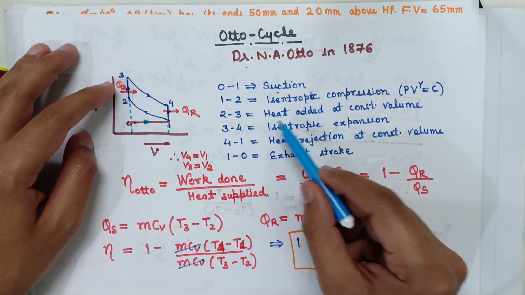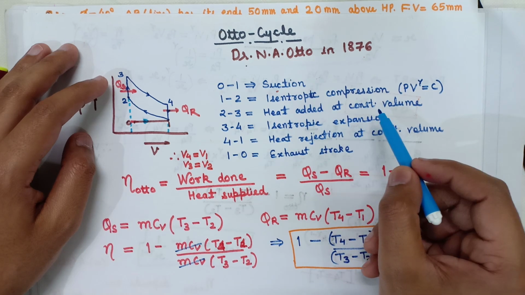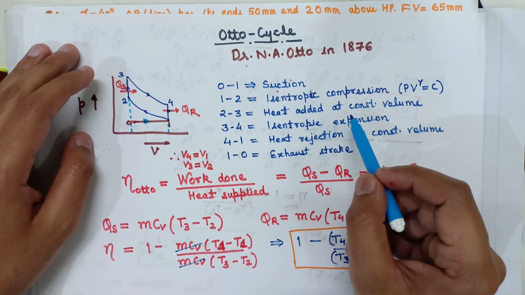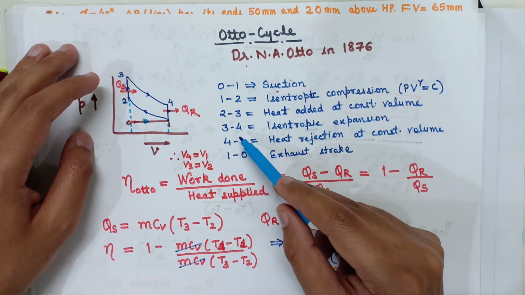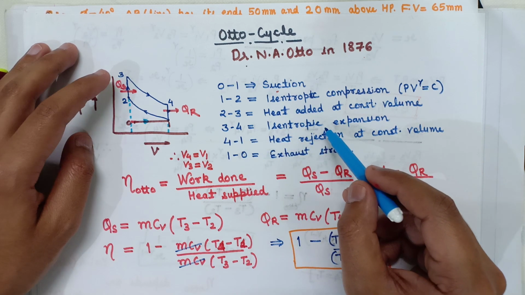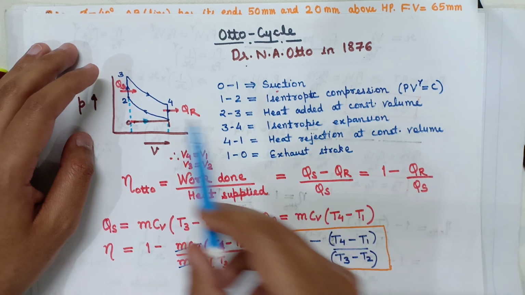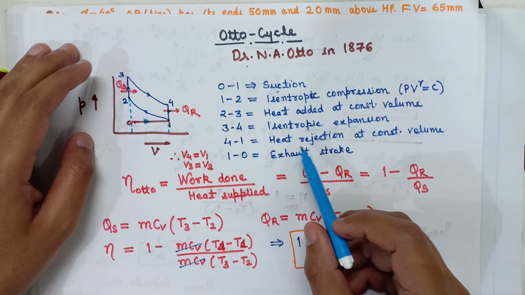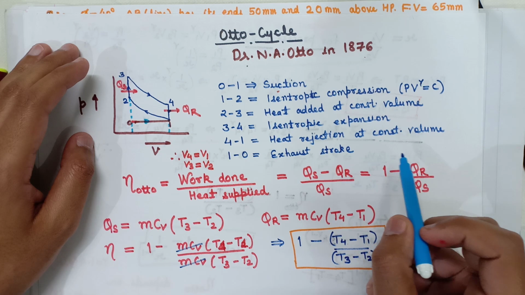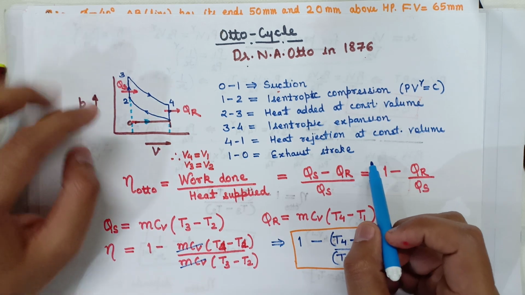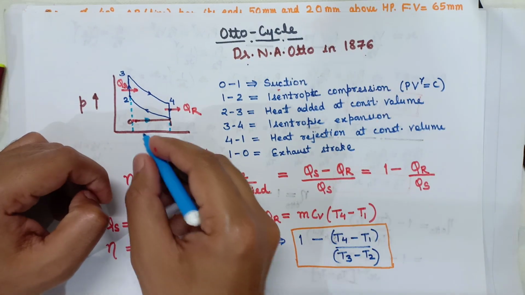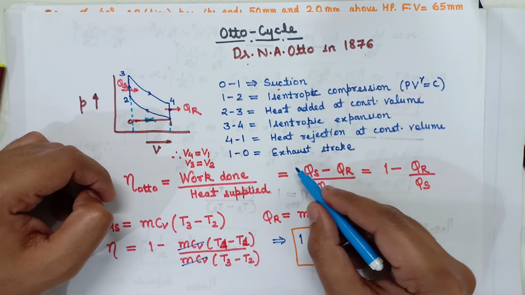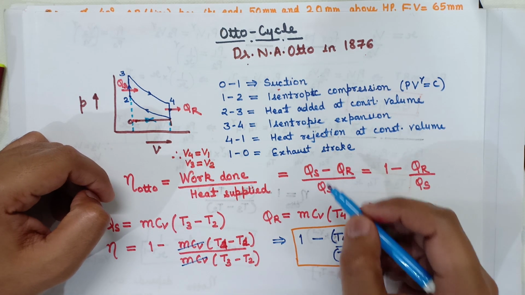Then heat is added at constant volume with the help of spark ignition. The next process is isentropic expansion or adiabatic expansion, which is shown by the curve 3 4. Then heat is also rejected at constant volume, and the last stroke is completed with the line 1 0, which is known as the exhaust stroke.